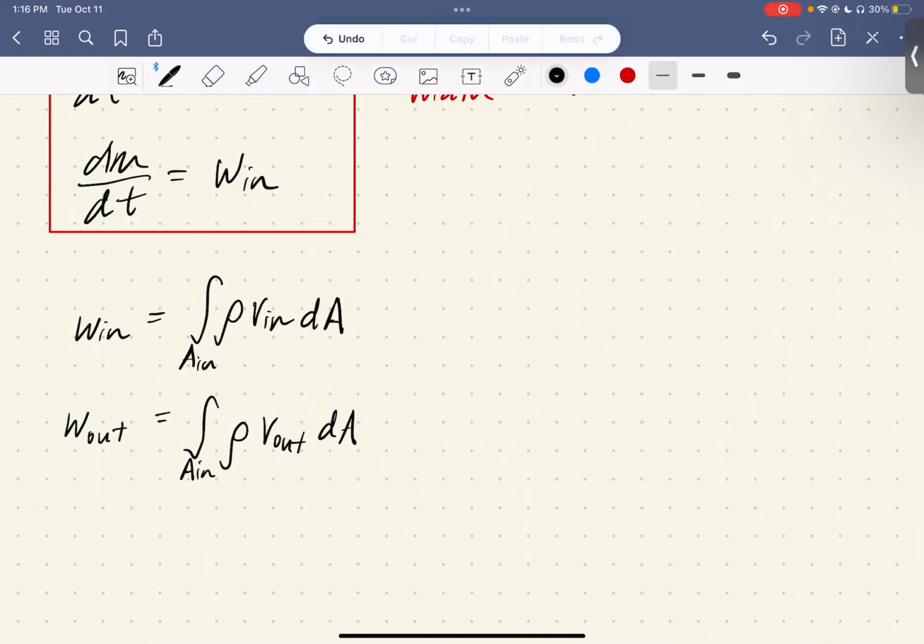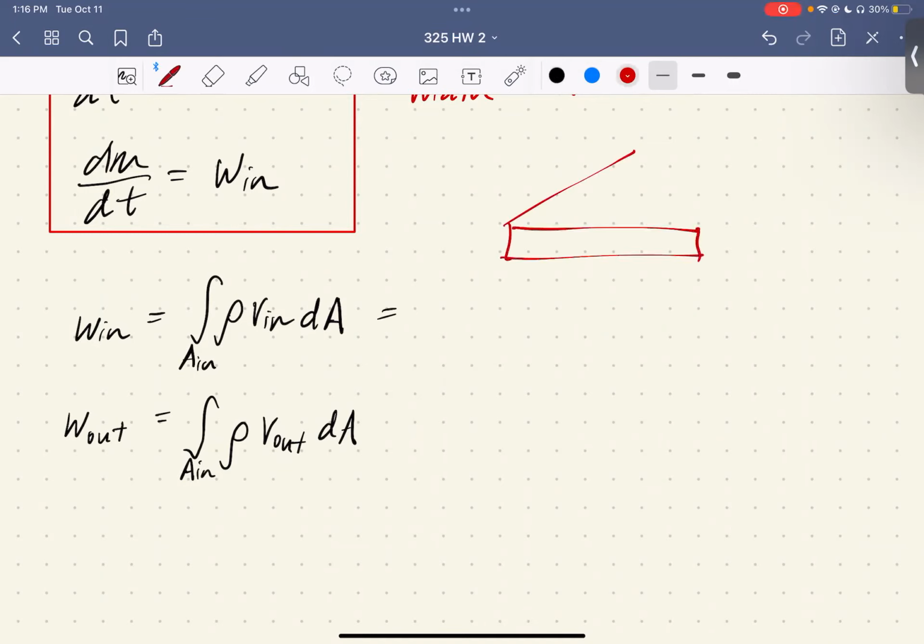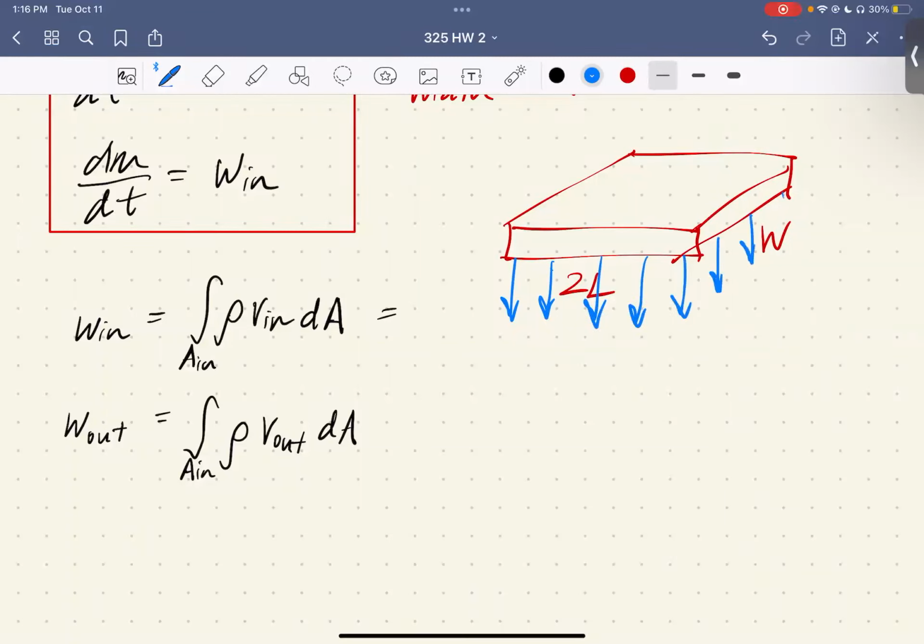So let's start with our inlet flow. We know our cross-sectional area, we have the top plate, right? We have our top plate, and our top plate has a length of 2L and W, and these are fixed. The velocity doesn't change because, first, it's given to us at a constant velocity.